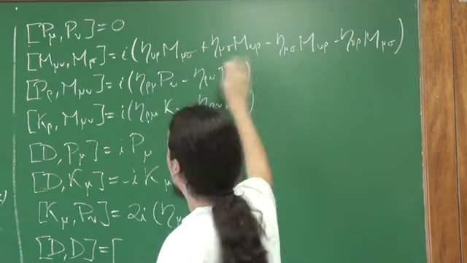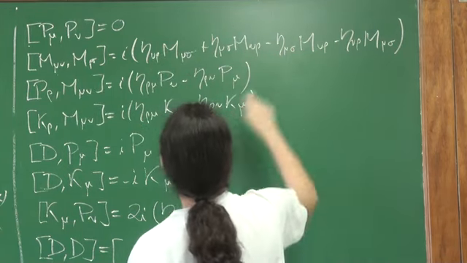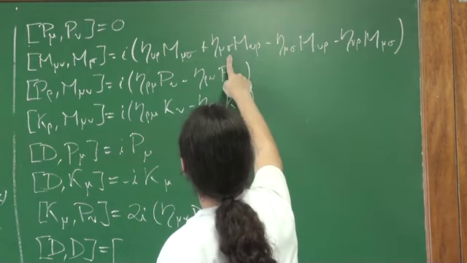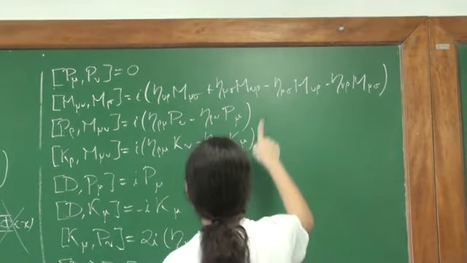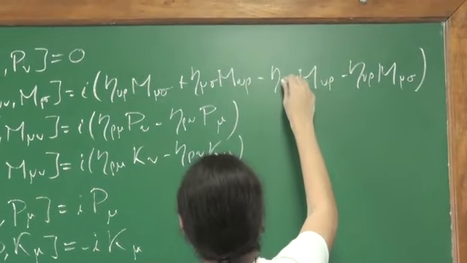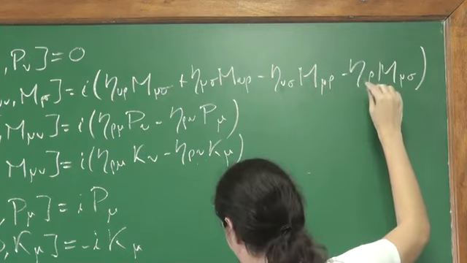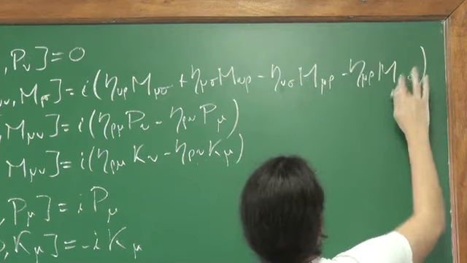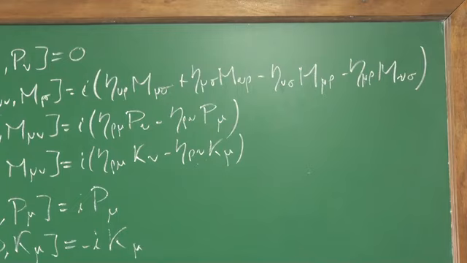Then I take, okay, I should have sigma here. It should be nu here. Thank you. Did I get anything else wrong here? I guess not.